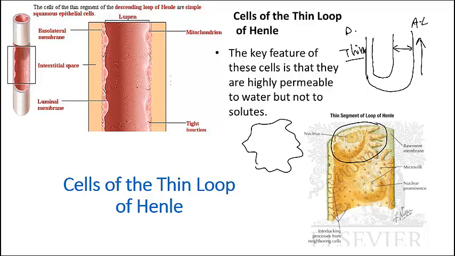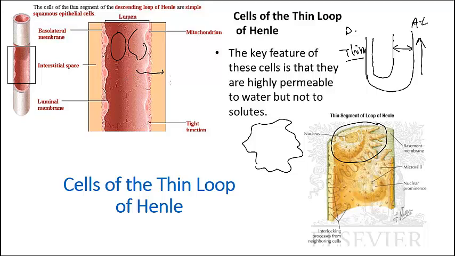Okay, so it's responsible for the water intake. You see here the structure of this thin section of the Henle's loop, and if you look here, these are the basolateral membranes and the interstitial fluid that is drawn here, but these are the squamous cells that are linked with each other, and they have a gap in between them through which water can easily pass.